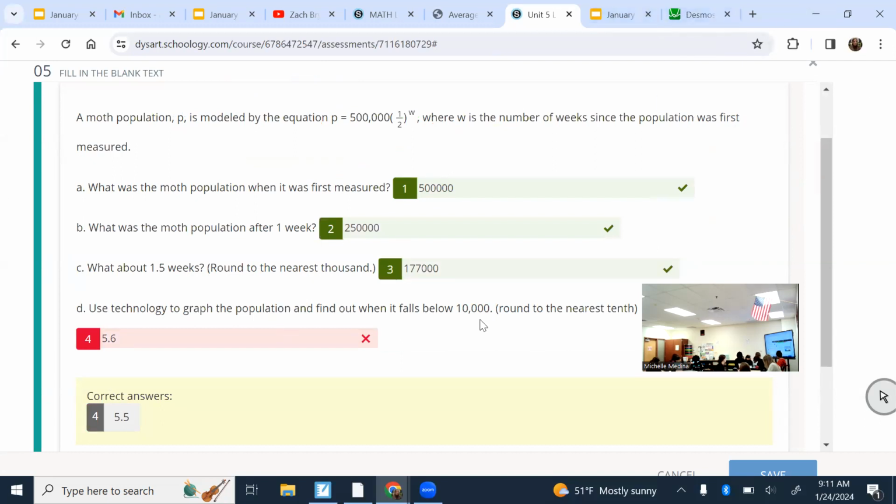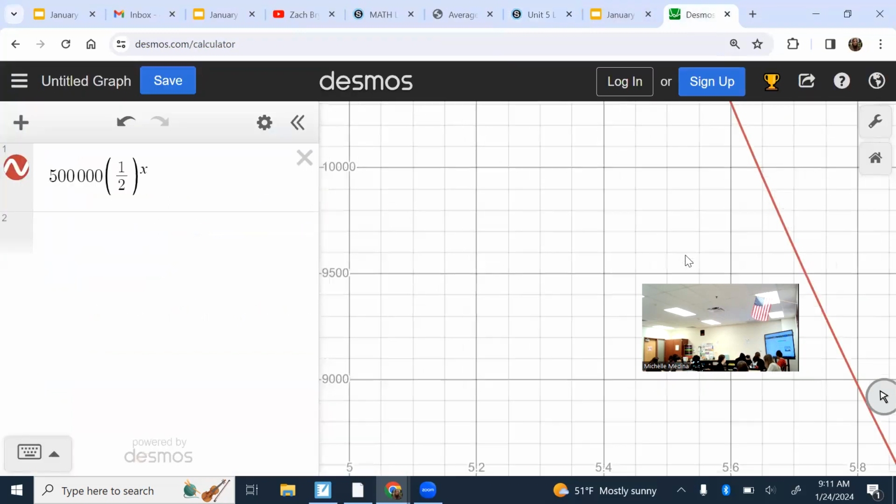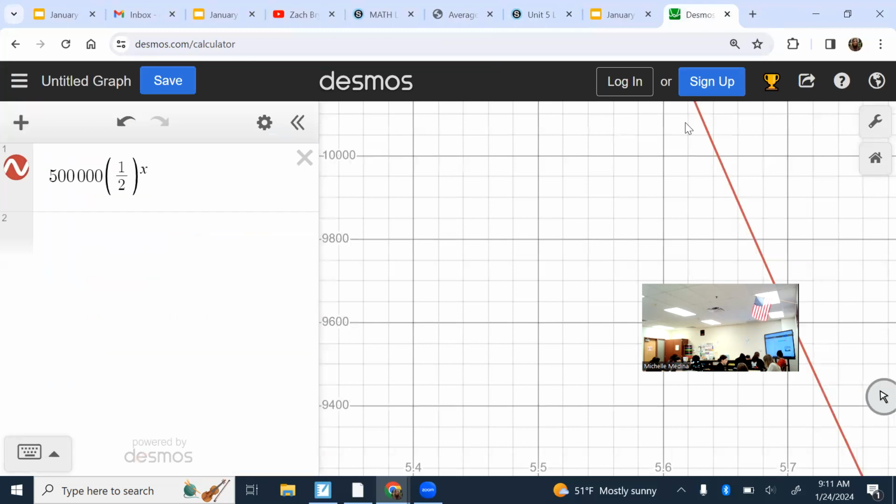I'll make it accept 5.6 as well. So hang on. But automatically it's marking 5.5. I feel like maybe I just might have to get closer. But I'm seeing it as near 5.6.